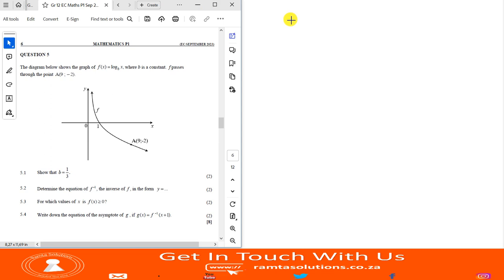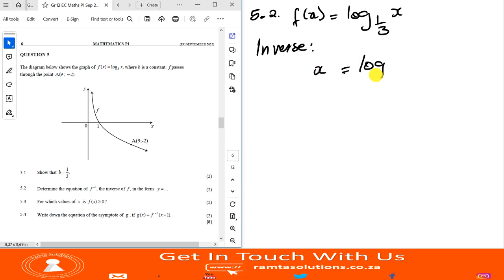Now 5.2, determine the equation of f inverse, the inverse of this function. I know it's easy, guys, but I will show you in this way. This is f of x equals log x base 1/3. To find your inverse, substitute x for y and y for x. So this becomes x equals log y base 1/3.